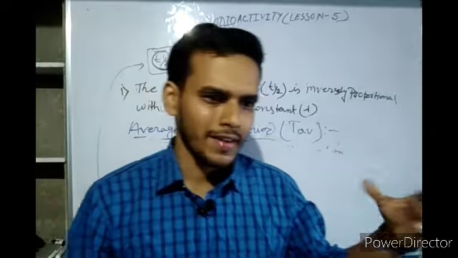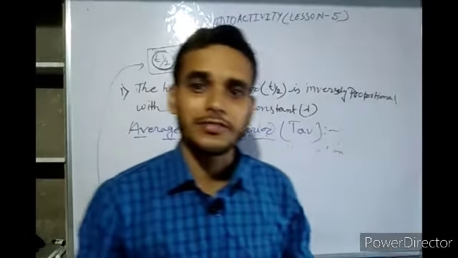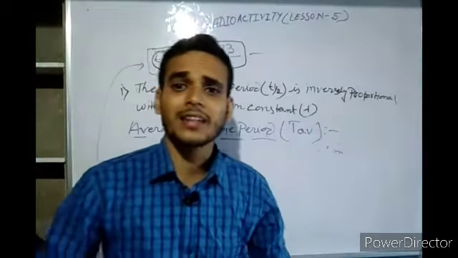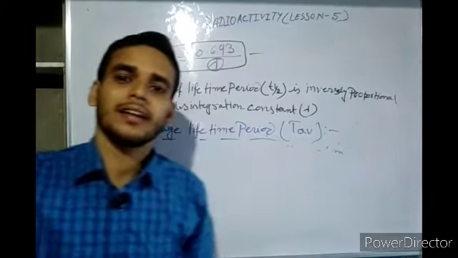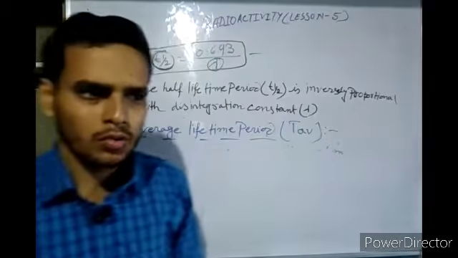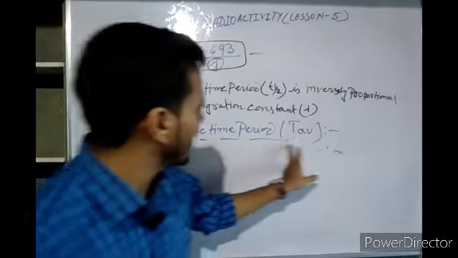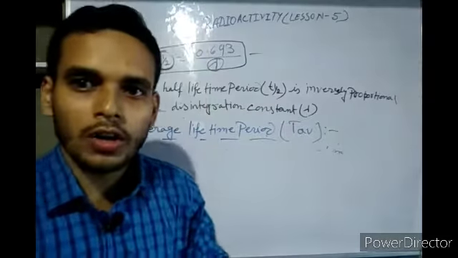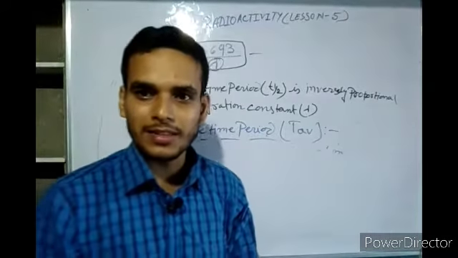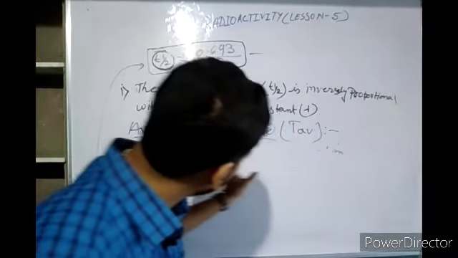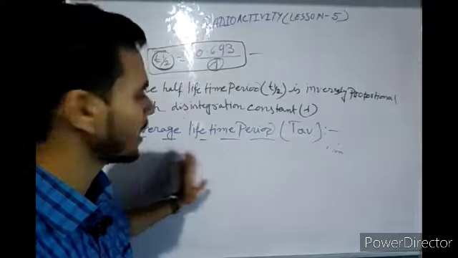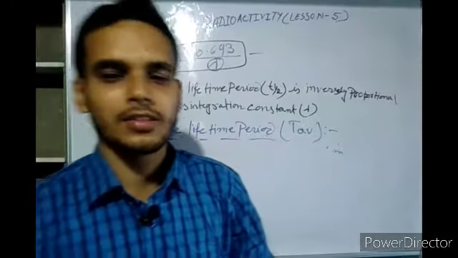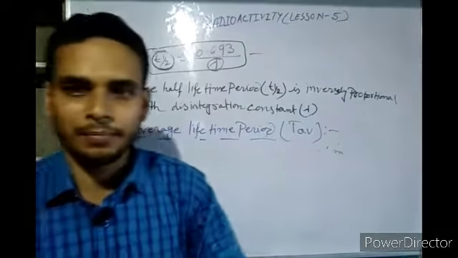The rate of disintegration of different radioactive nuclei is different. Some disintegrate at the starting moment and some disintegrate a few times later. If we want to calculate the average lifetime period, then we have to sum all the lifetimes of the radioactive nuclei and divide by the total number of radioactive nuclei, because all the radioactive nuclei do not disintegrate at the same time.